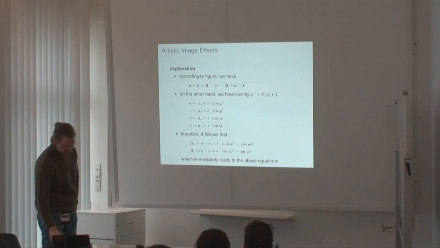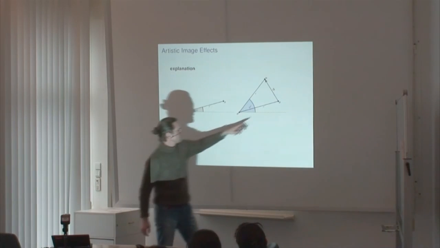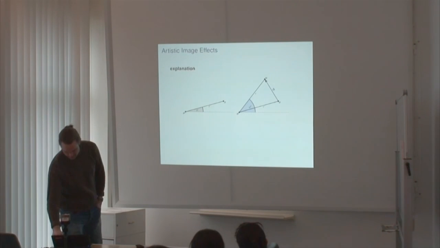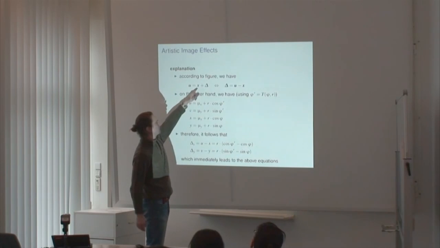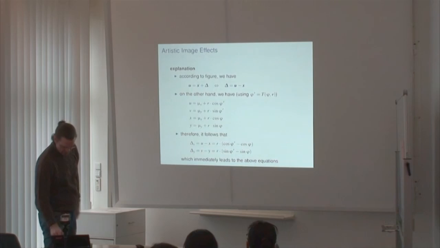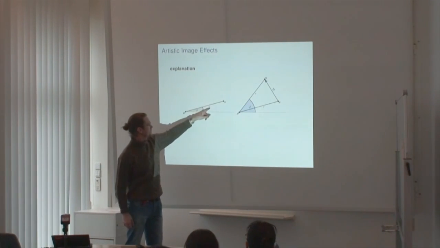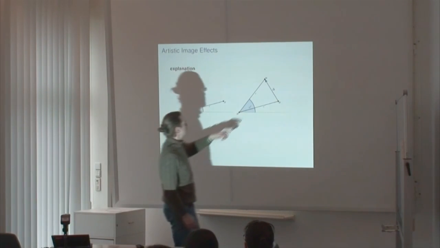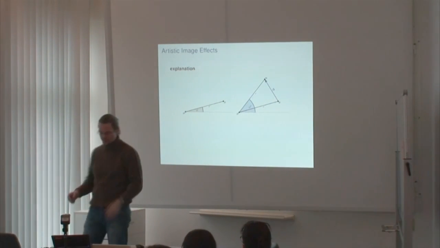And looking at this picture, we have a vector x and a vector u. We can compute that vector u from adding delta to x. And this would allow us to solve for delta. At the same time, we could express this vector x in terms of r, phi and the corresponding sine and cosine functions. And we could also express u in terms of phi prime and r and the corresponding sine and cosine functions.